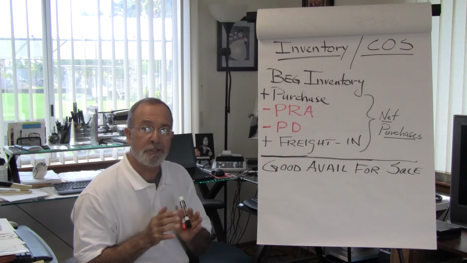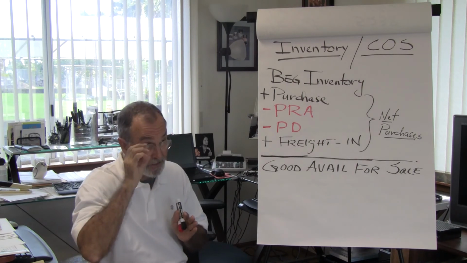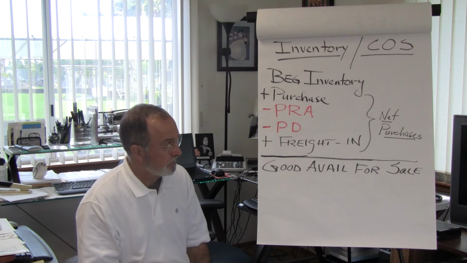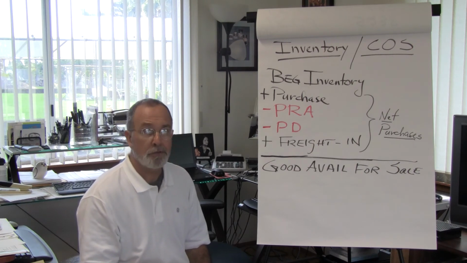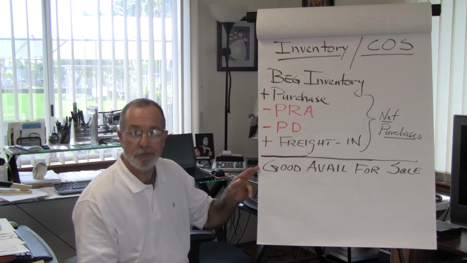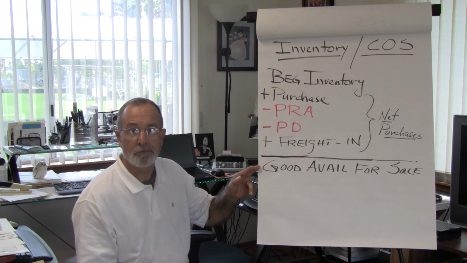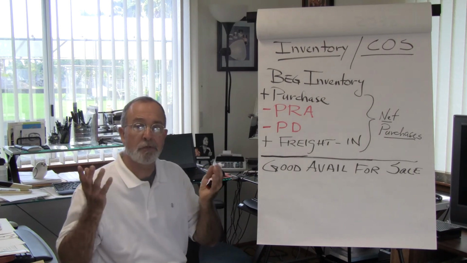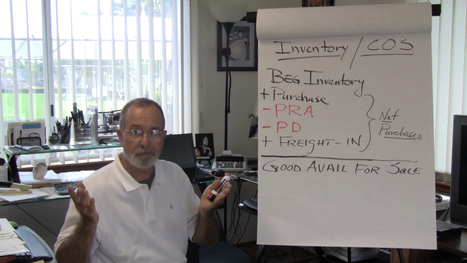Now, I always ask this question in class, and I'll pose it here. What could have happened to everything that we had during the year that we had available to be sold? Well, there's really only one of 2 things that could have happened to it.